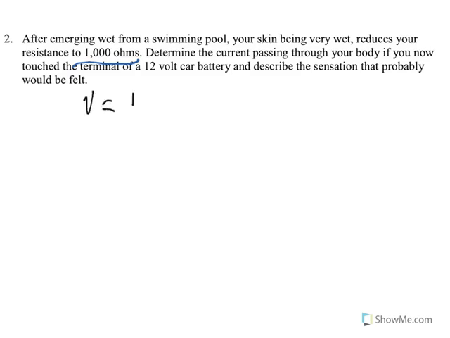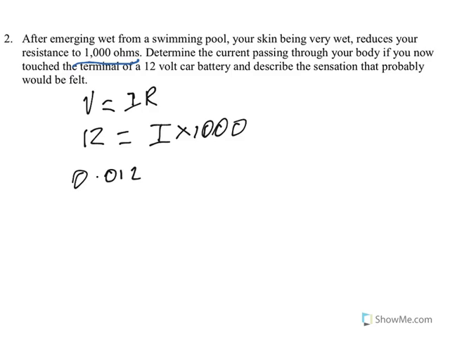So V equals IR, let's say the voltage is 12, 12 equals current times 1,000, and so 12 divided by 1,000, 0.012 amps would be the current. I made another error in that one, I'll go back to that one. So 0.012 amps is 12 milliamps for the current.